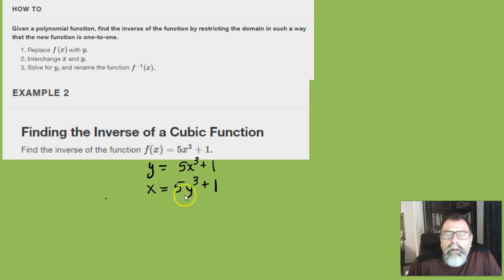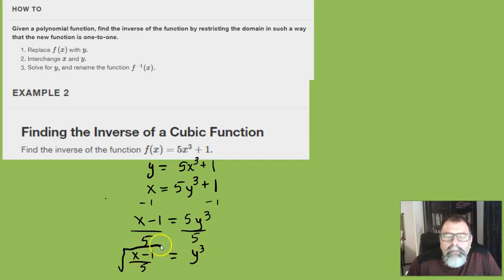So I want to get this y by itself, so subtract 1 from both sides. Divide both sides by 5. So now we got y cubed equals x minus 1 over 5, and then we're going to cube root both sides, and since this is an odd power, we don't have to worry about plus or minus or anything, which would give us a function that's not 1-to-1.